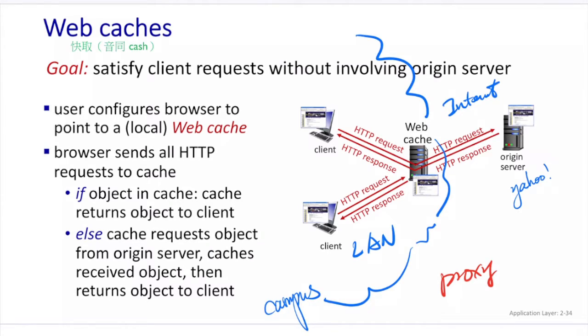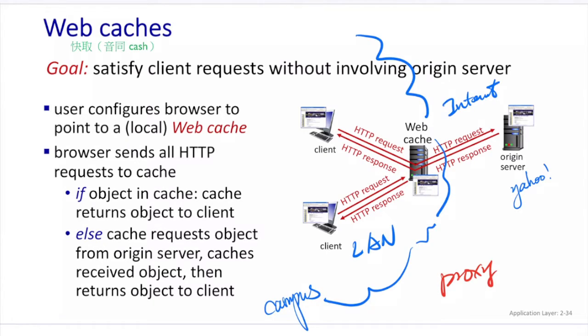So if everyone sends an HTTP request to the access link and to the internet via all those routers and at the end to the Yahoo web server to retrieve the front page, it seems a little bit time wasting, right? Because all of them retrieve exactly the same page. So it wastes bandwidth, it wastes time, something like that.